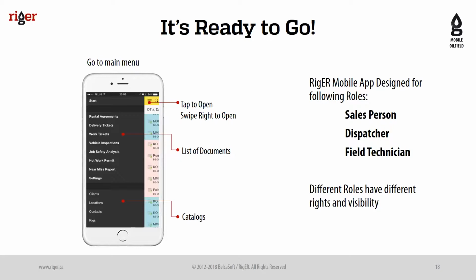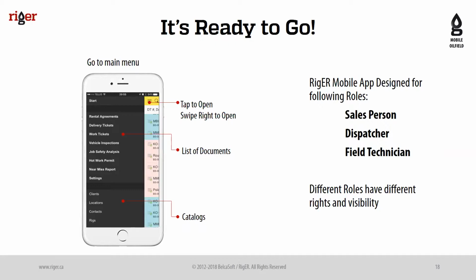If you're a dispatcher, you will have the ability to see pretty much most of the documents in the system, the whole documents database, because you will have to assign a field technician to the delivery tickets and probably assign the particular unit numbers in the delivery ticket.